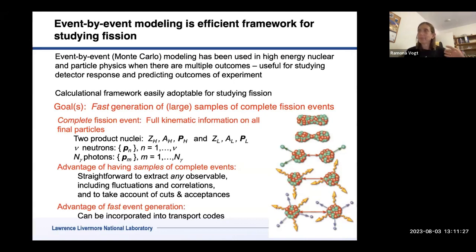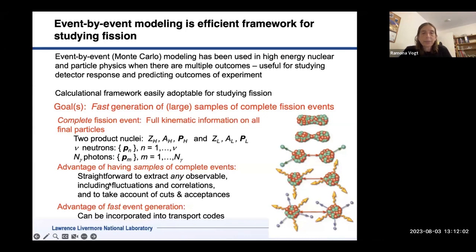If you wait long enough and there are beta decays, then you also change the charge of the nucleus. Anyway, then you also have, say, anywhere from 2 to 4-ish neutrons for, say, spontaneous fission or thermal energy induced fission, or you can go up to higher numbers of neutrons, depending on the chance of the fission, which Nathan sort of alluded to yesterday.